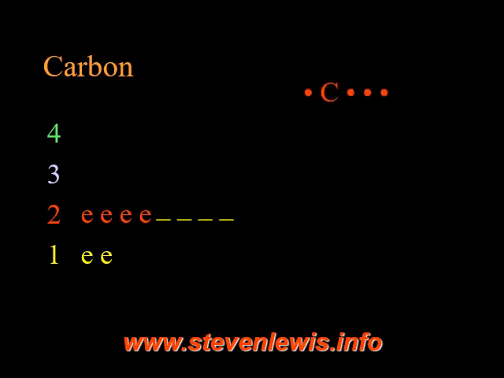Let's see what else we can do. Notice that I've written this carbon with 3 valence electrons on one side. What I'm going to do is to form a triple covalent bond between 2 carbons. So now there's 6 plus 1 is 7 valence electrons around each carbon. But each carbon is still short 1 valence electron.